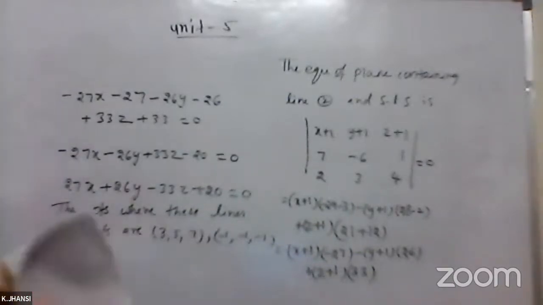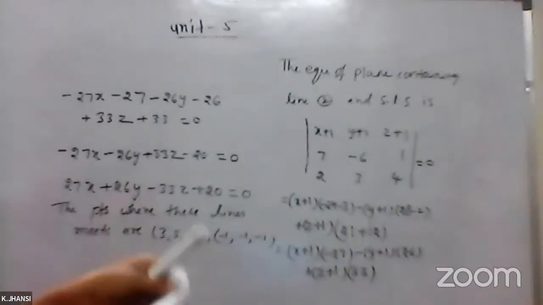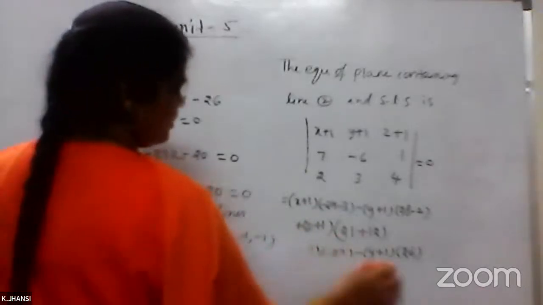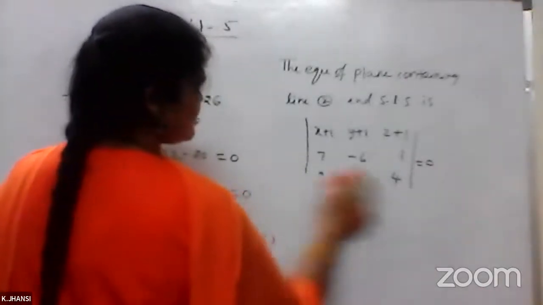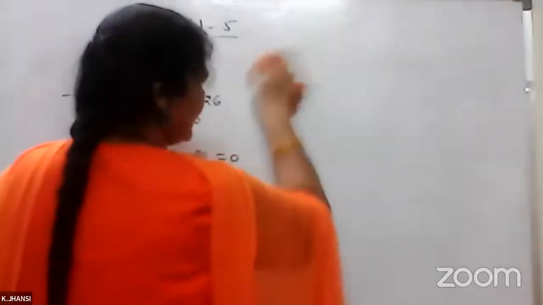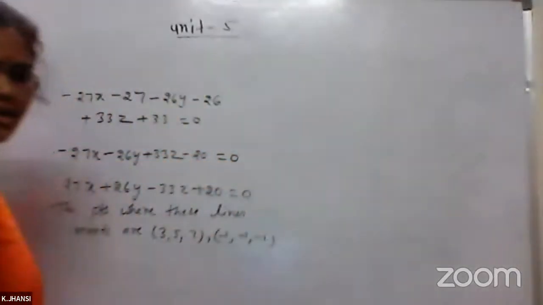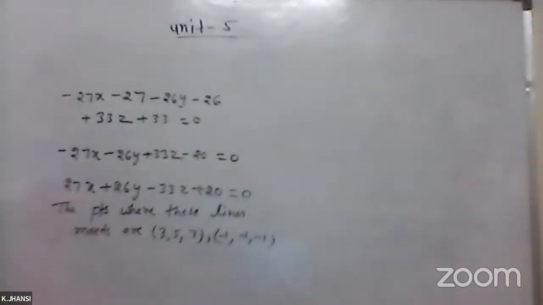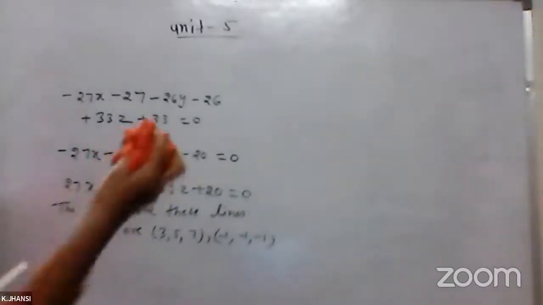So here, if the question is asked for 5 marks, you will get only to find the shortest line segment. If he is asking for both the equations and also the points, then it will be a 10 marks question. Only rarely, 2-3 problems are there for finding the points. But finding the shortest distance and all the equations is the 10 marks question, and this is a regularly asked question.